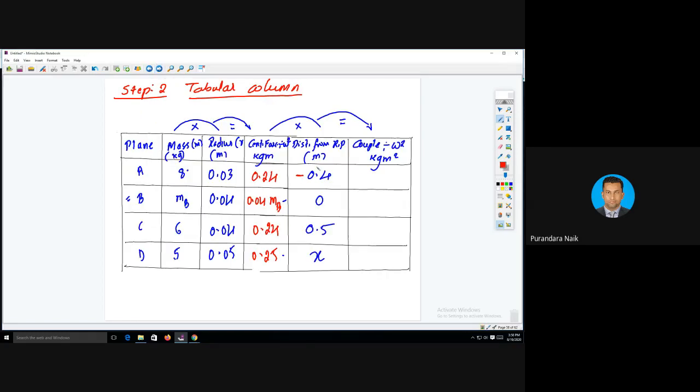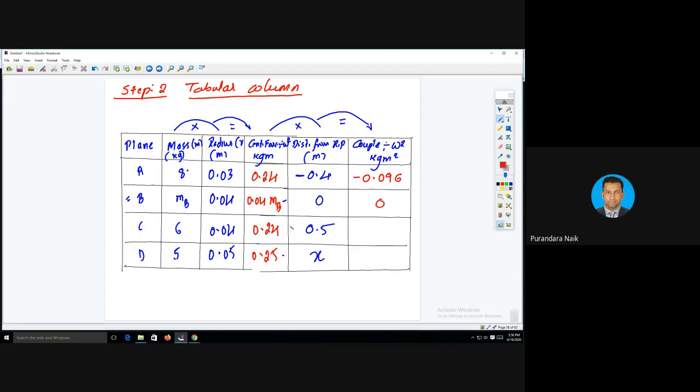Don't forget this. This is also very, very important. Otherwise, your problem will be wrong. Minus 0.4 into 0.24 will give minus 0.096. And the next one is 0.